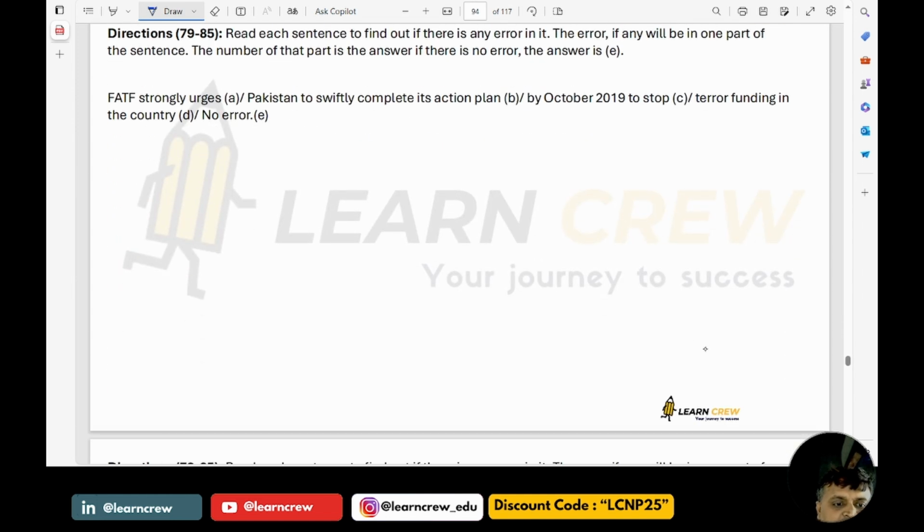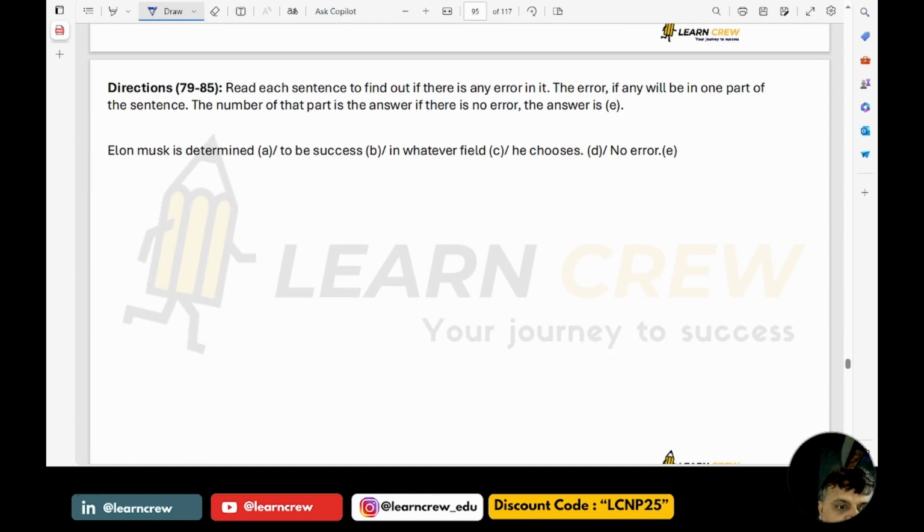Now, FATF strongly urges Pakistan to swiftly complete its action plan by October 2019 to stop terror funding in the country. There is no error here. Everything is correct, so no error, option E. Then next, 83. Elon Musk is determined to be success in whatever field. Here, to be success is wrong.